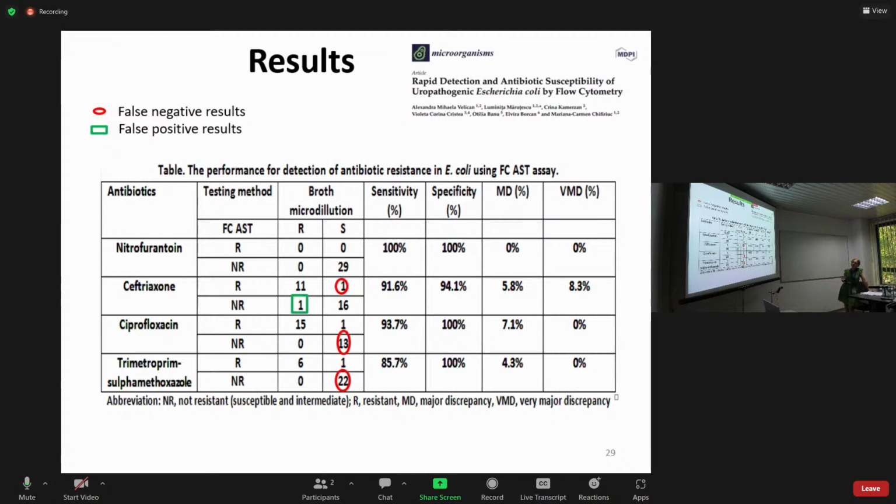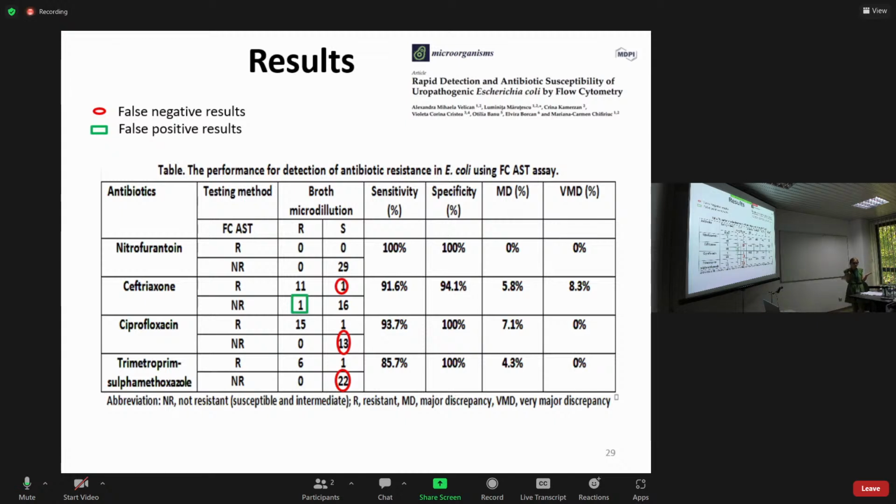Respectively, we have used broth microdilution, so we have used a quantitative method to validate our results, and we have obtained some false negative and false positive results, but when putting the numbers in the formulas for sensitivity and specificity, we can see that overall the sensitivity and specificity of our protocol are quite good.